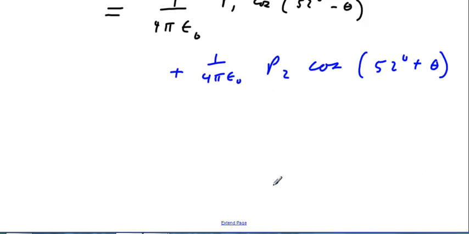Okay, now I get out my math book to figure out the cosine formula.